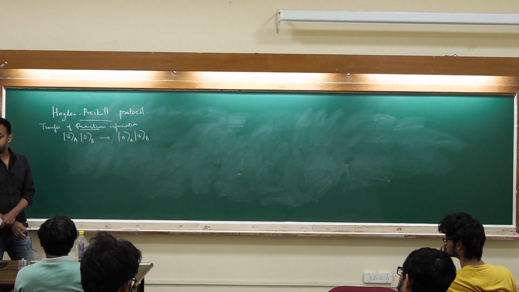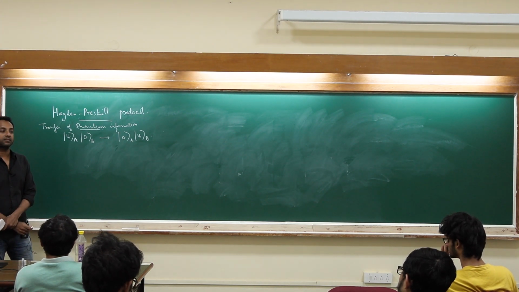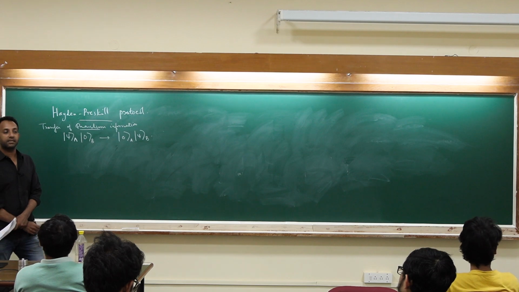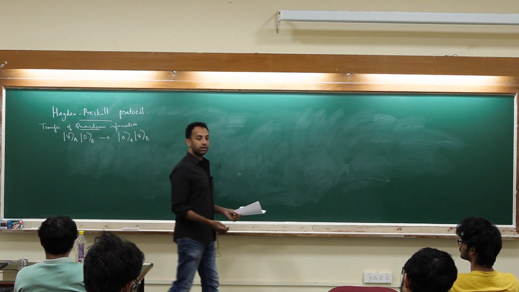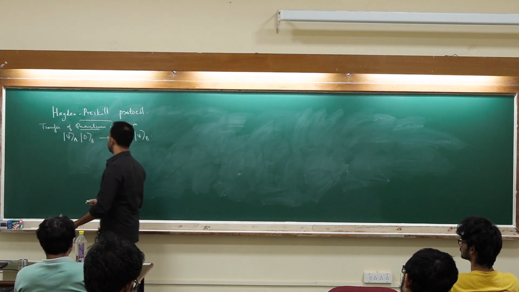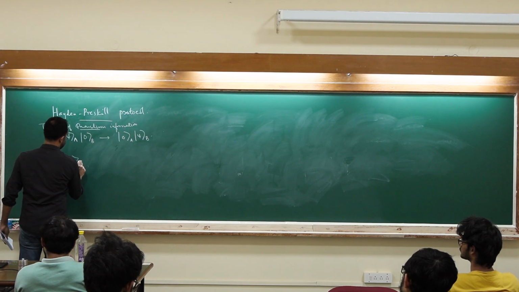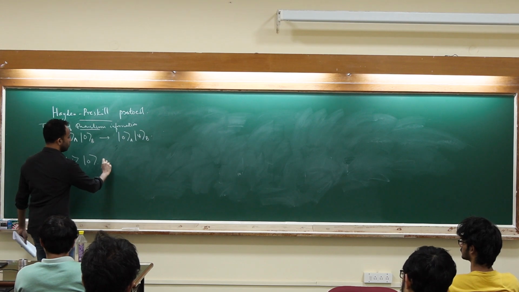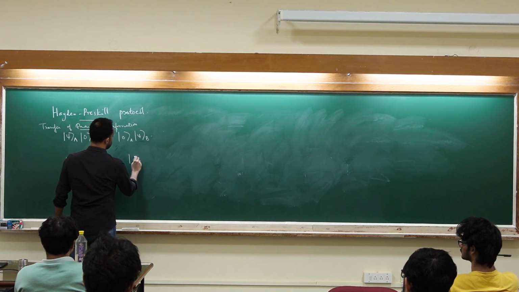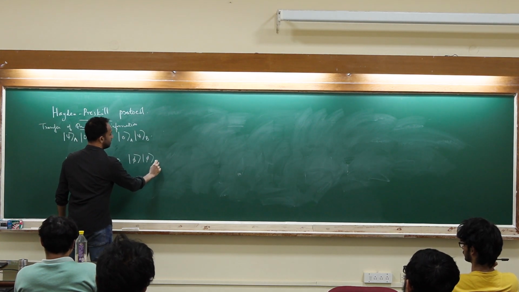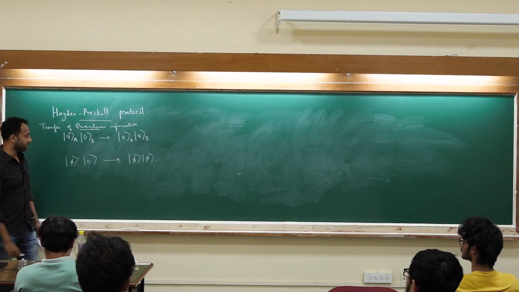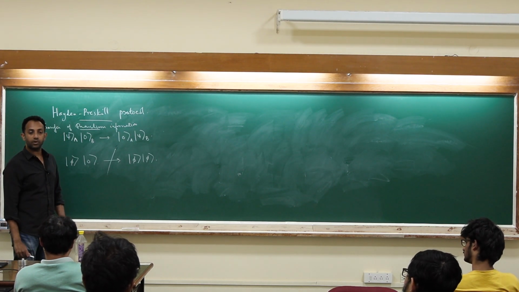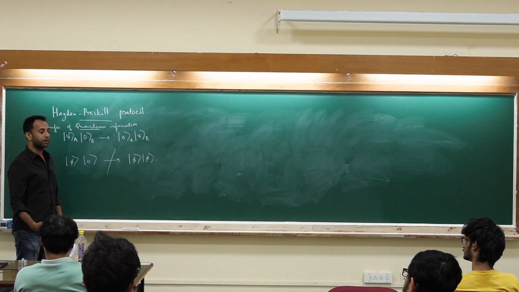Of course, as I said last time, you cannot just clone quantum information. What that means is, let's say you had an initial state like this, which was phi and some state. You cannot make it go to this. This is not possible. This is essentially what cloning means. So cloning is not possible.